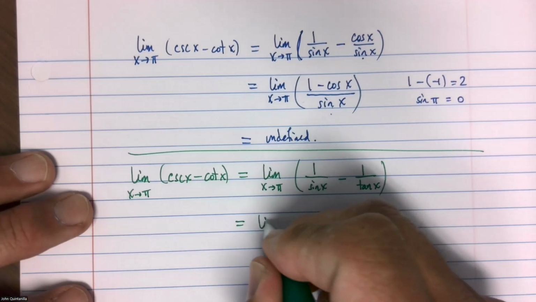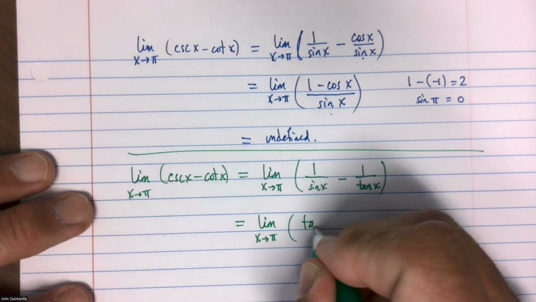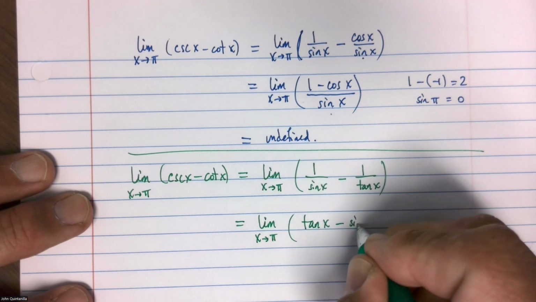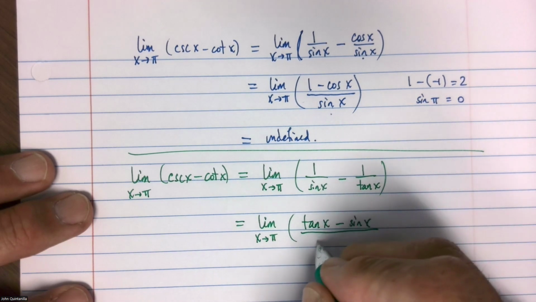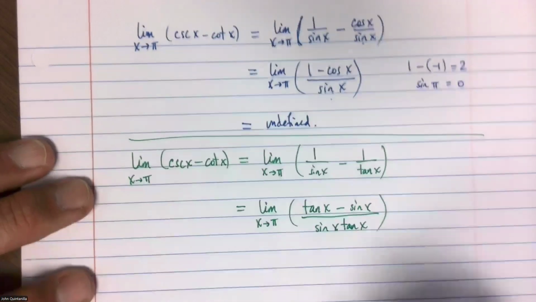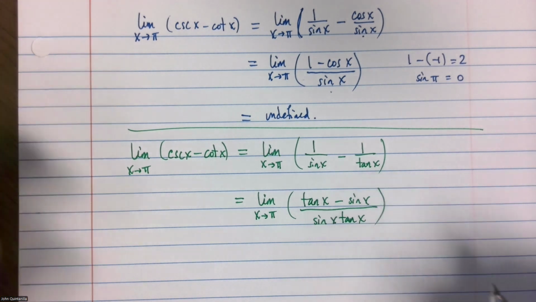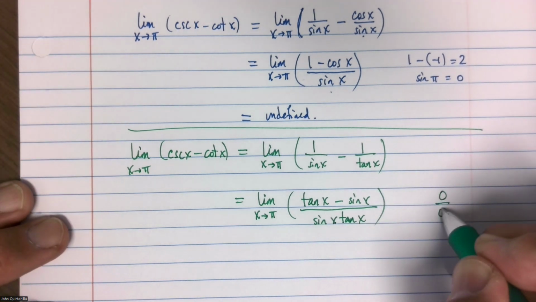Okay, and then we combine: limit as x goes to pi of tangent of x minus sine of x over sine of x times tangent of x.